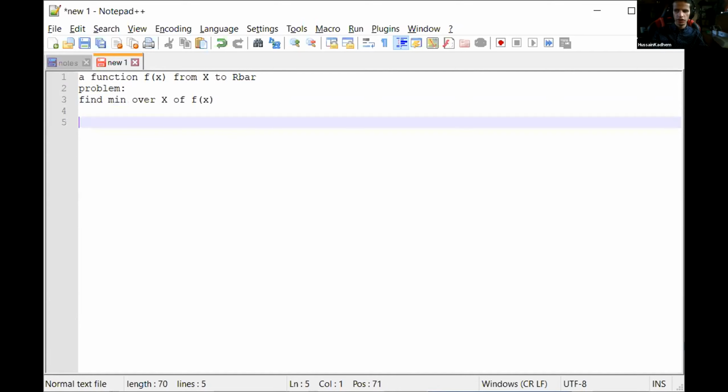In general, this doesn't have to be a linear programming problem. It's just any function which we want to minimize.